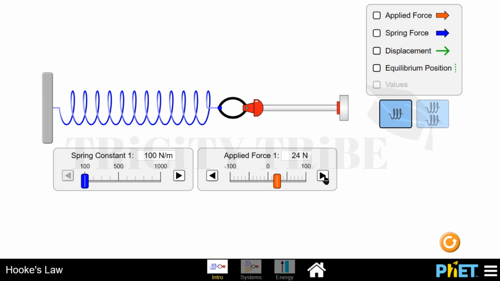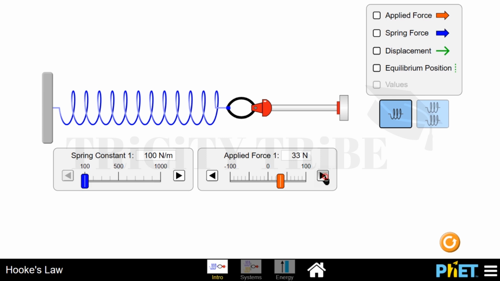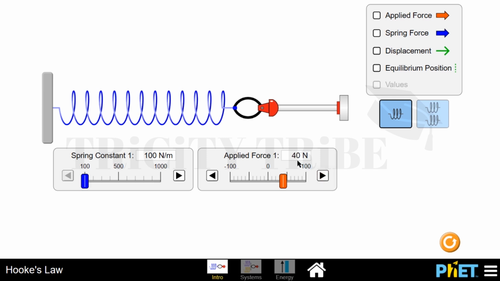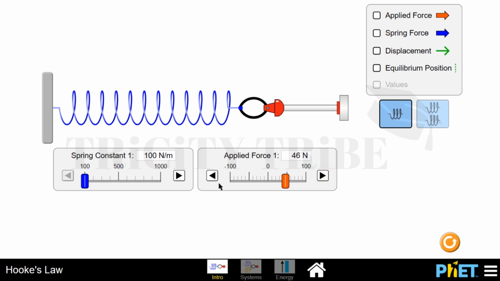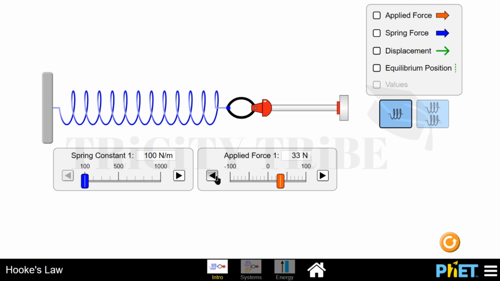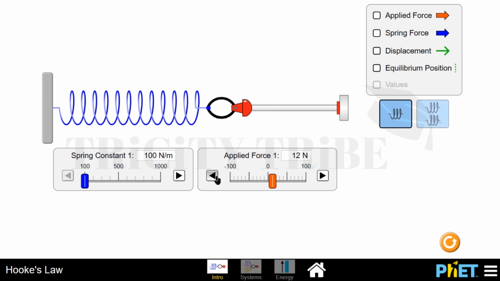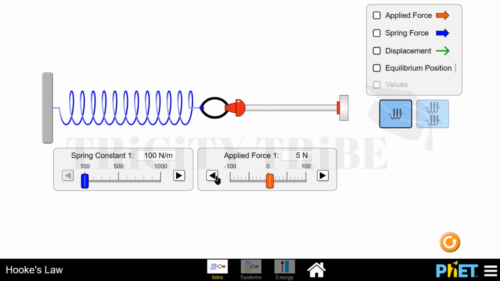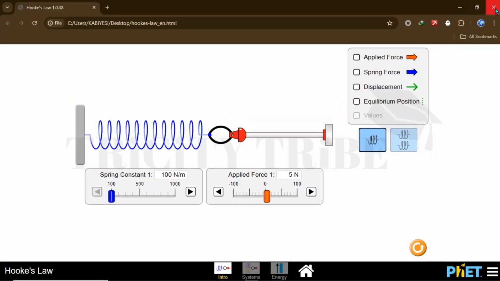Now you can see that as we keep on stretching, as we keep on applying more force, you can see how the spring stretches. As we reduce the force, you can see how the spring goes back to its original length. Alright, so I will give you more examples of this in the next coming videos. I have to end the video now, so it won't be too long.